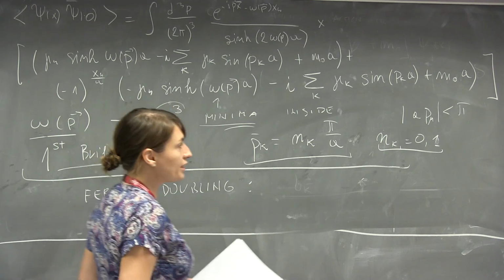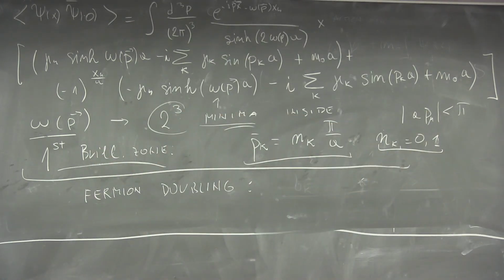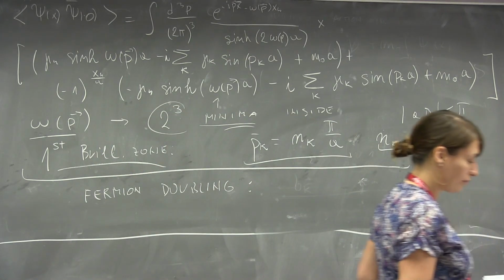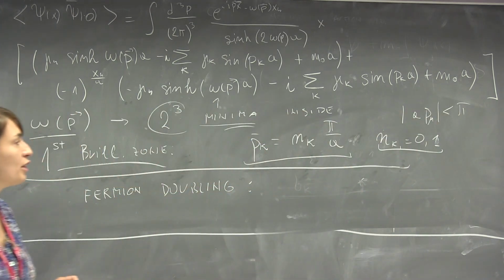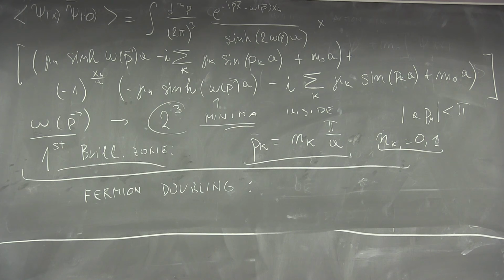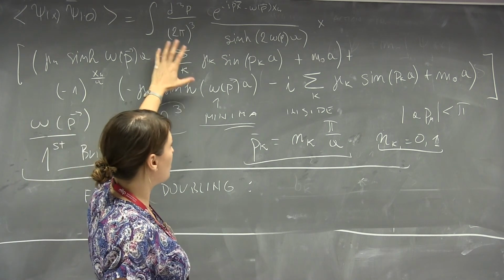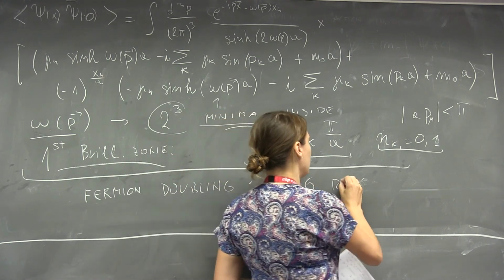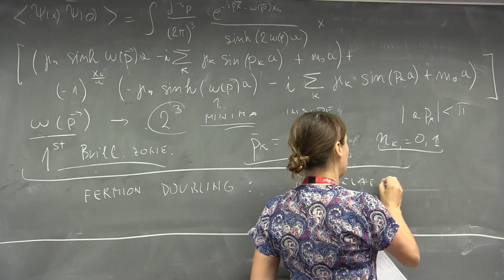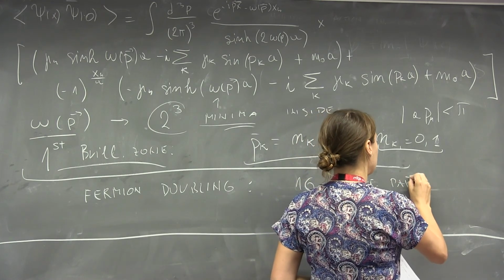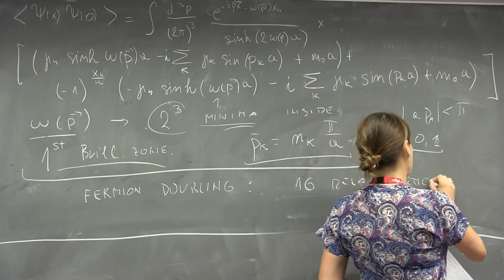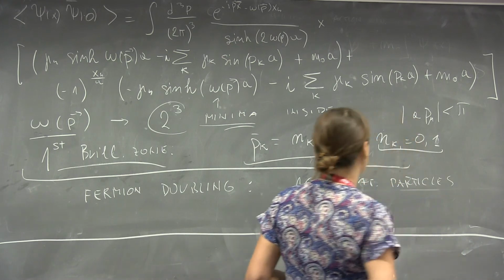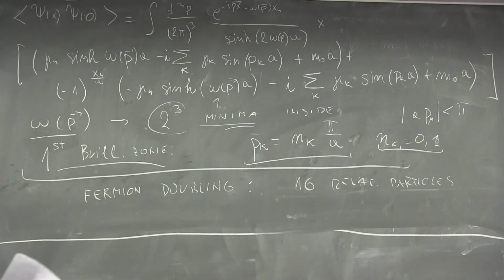So we've started with a theory which has only one relativistic particle, and by discretizing it in such a way, we will end up with a theory which describes 16 relativistic particles, which we call fermion doublers.